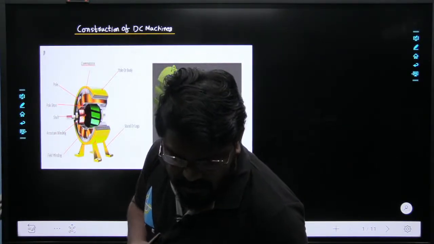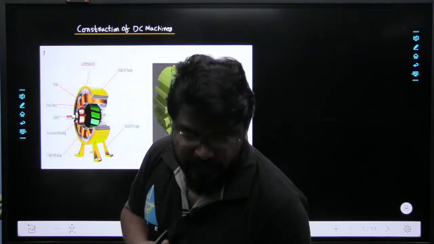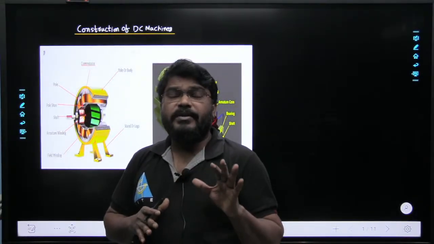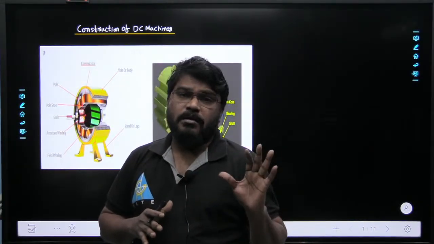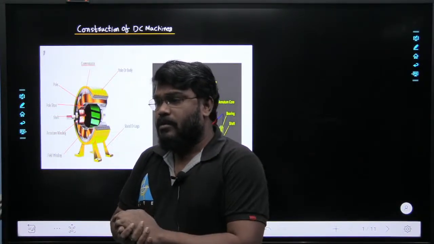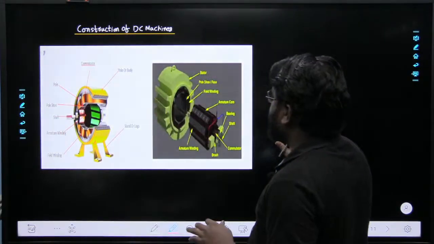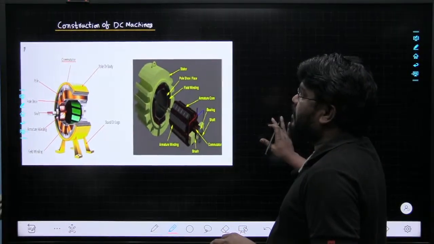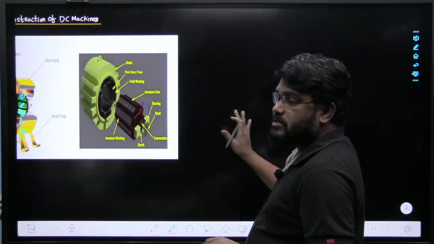So constructionally there is no difference between the generator and the motor. One machine can be used as a generator as well as a motor. So what are the main parts of the generator, and what are the main parts of the DC machine here?